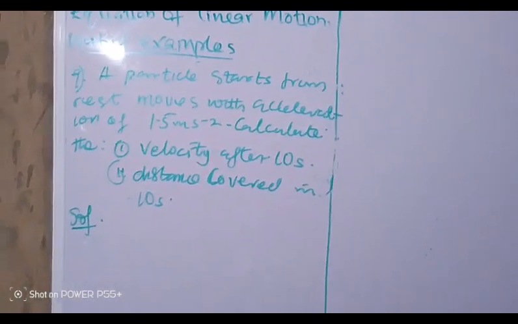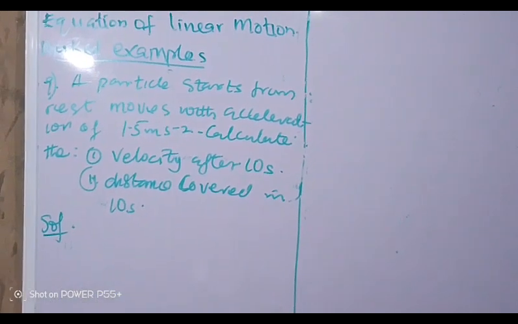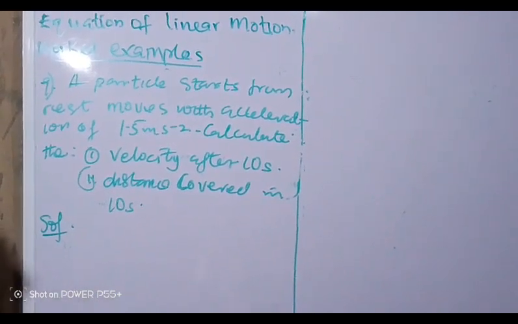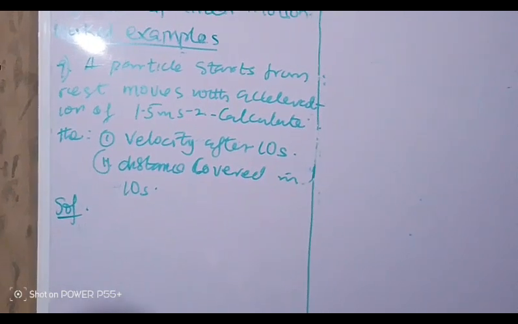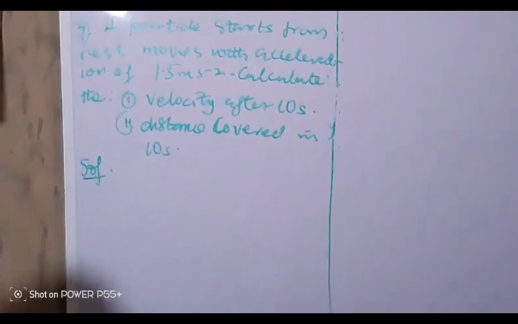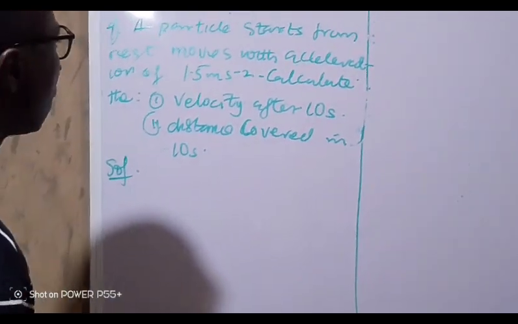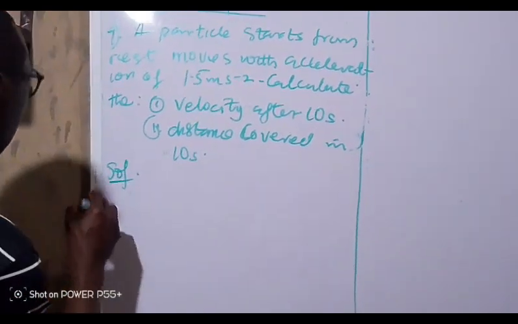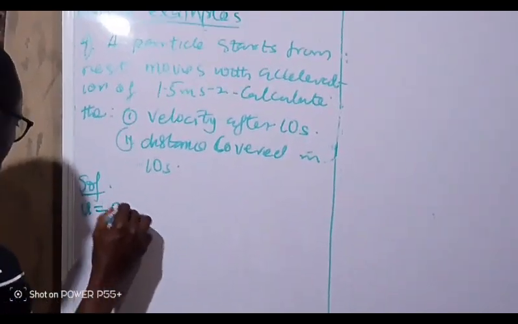Now, let's take this one as example 9. A particle starts from rest, moves with acceleration of 1.5 meters per second square. Calculate 1. Velocity after 10 seconds. 2. Distance covered in 10 seconds. So, from this question now, let's write out the parameter. The particle starts from rest. Definitely, U will be equal to 0.